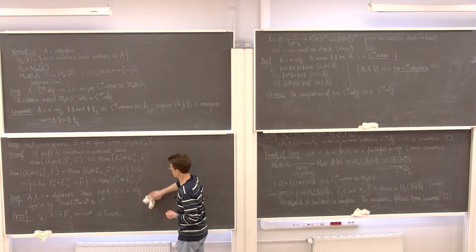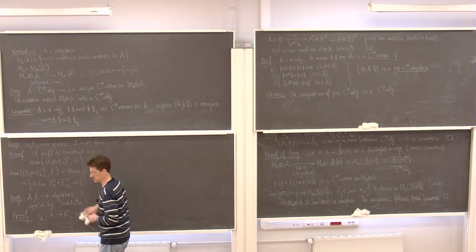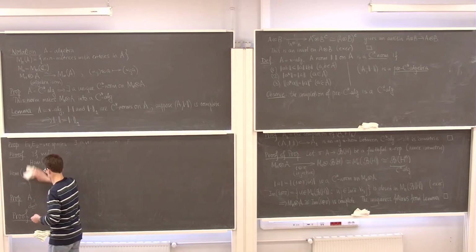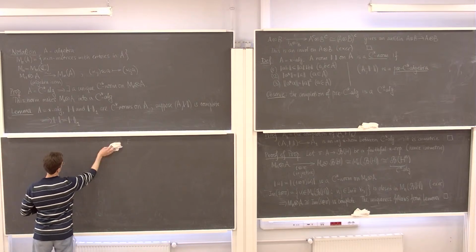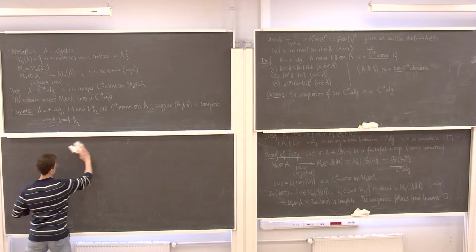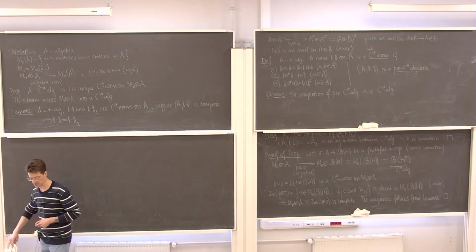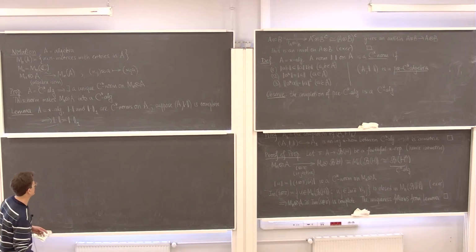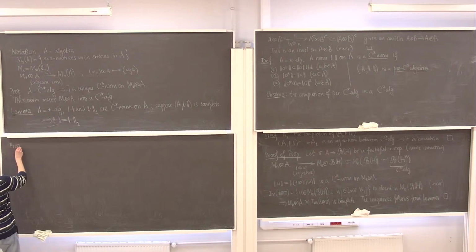Our next goal will be to extend this construction to arbitrary C-star algebras. Now to define a C-star norm, I don't claim it is unique. To define a C-star norm on the tensor product of two C-star algebras, we will need first to discuss tensor products of Hilbert spaces. So we have the following result.